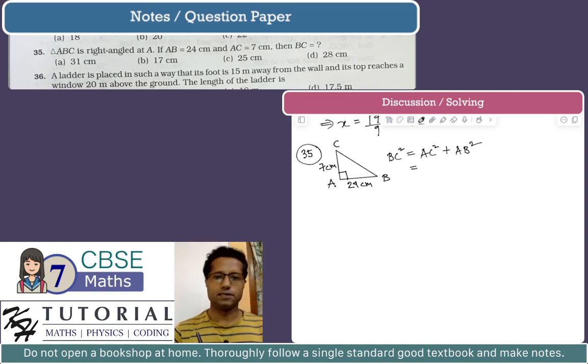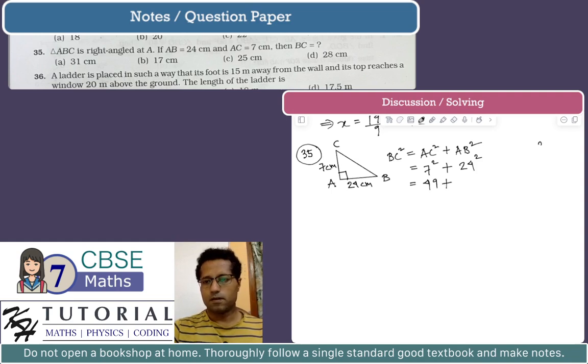This is equal to AC square. AC is given to be 7. So 7 square plus AB is given to be 24, 24 square. So this is equal to 49 plus 576. 24 times 24 is 576.